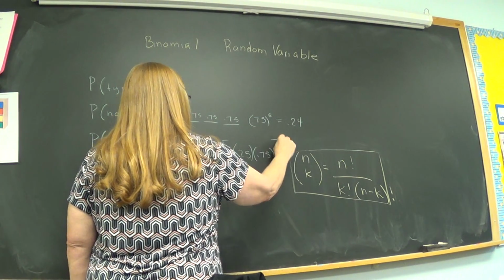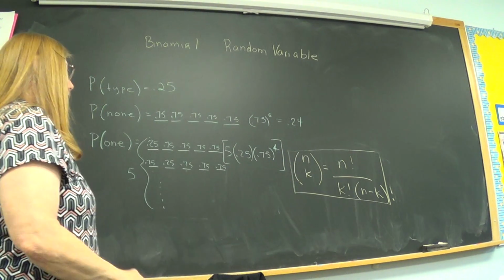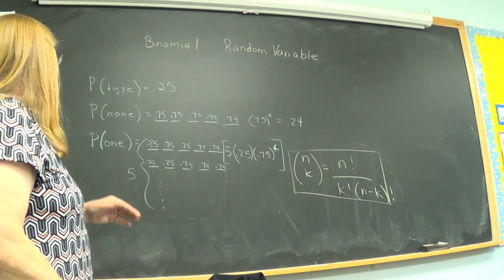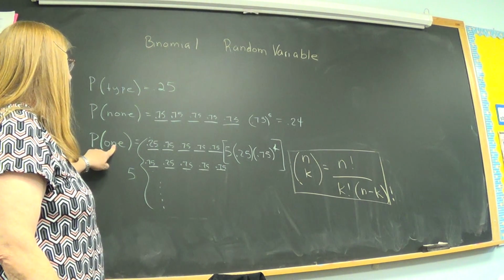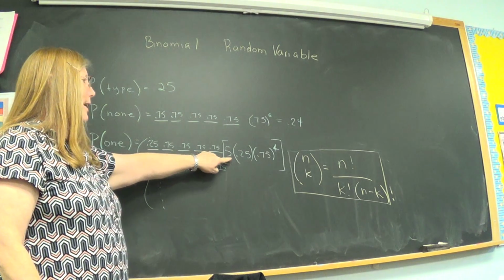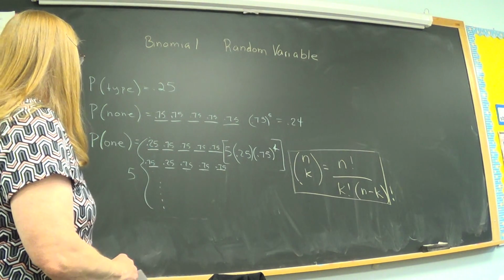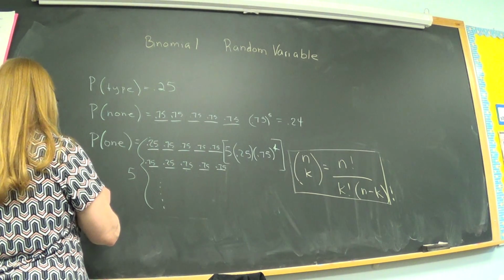Now we're going to come up with a rule, so just observe that. Notice when we had a 1 here, with 5 choices, we got a 5 out of that. We'll see if we can see more patterns. Let's do the probability of 2.